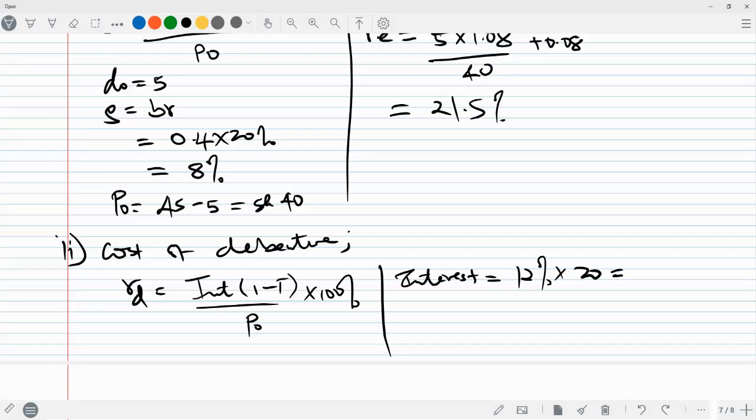Therefore, 12% times 20. You're paying tax as per note 7, so net of tax, that will be 30%, 0.3.